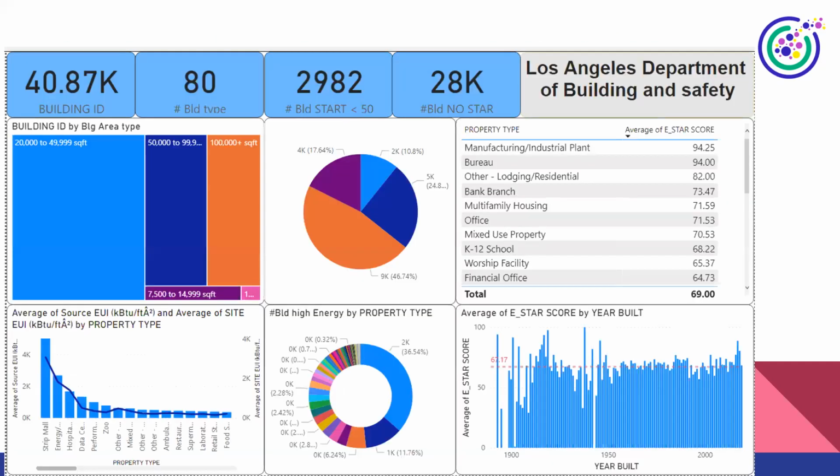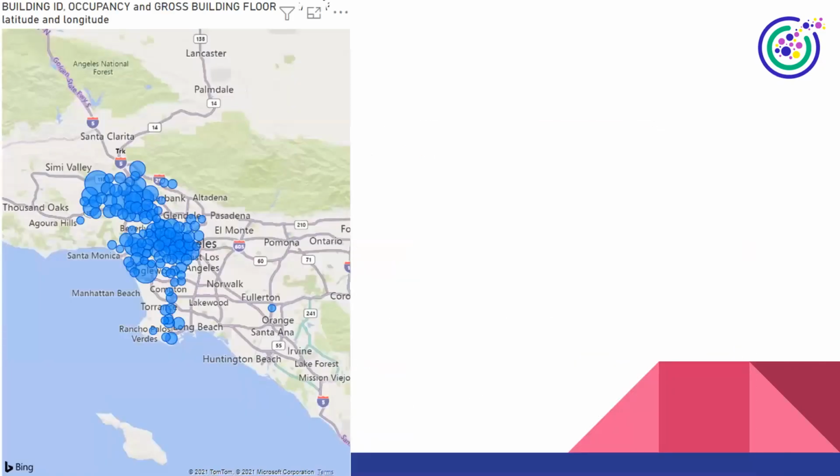Here is the expected product we will build after this section, and we try to link with another data set to provide a geography chart of the location of the data set. You can see here the location in Los Angeles city.